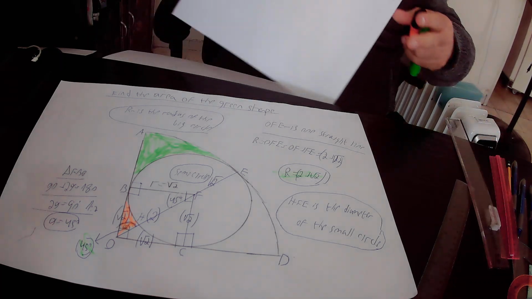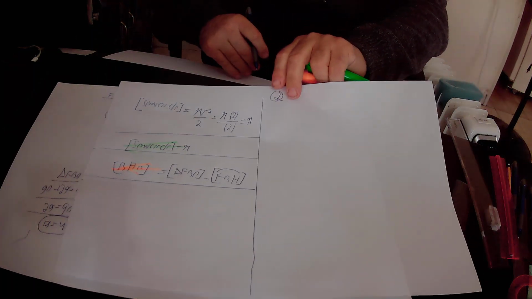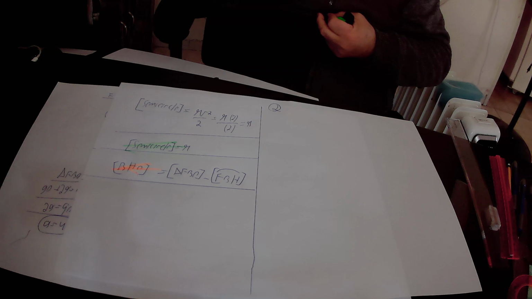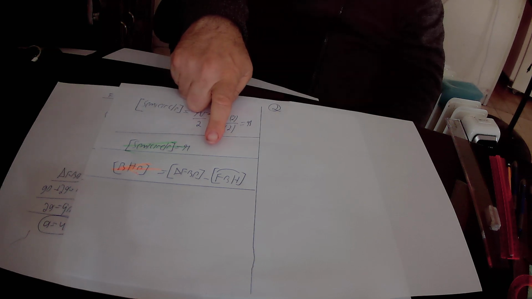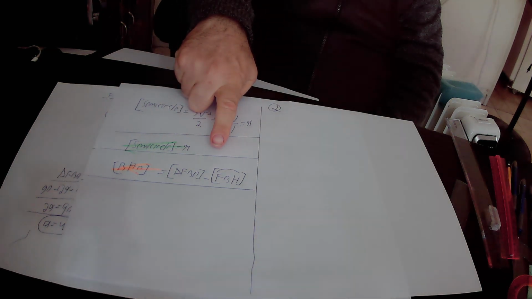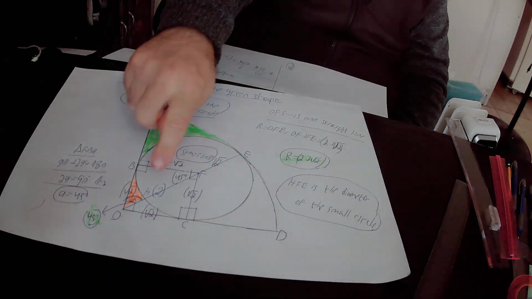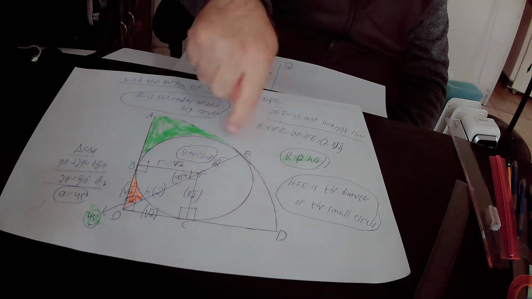Repeat again: the area of the orange shape BHO equals the area of the right triangle FBO minus the area of the small sector FBH. The small sector FBH is part of this small circle.